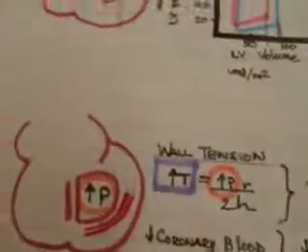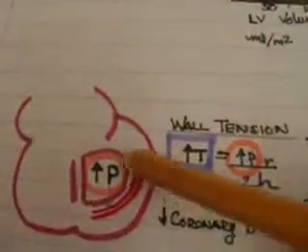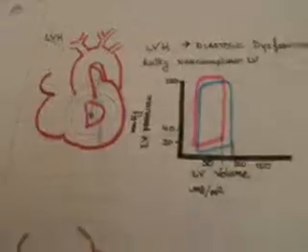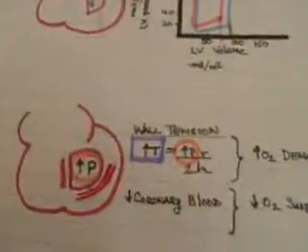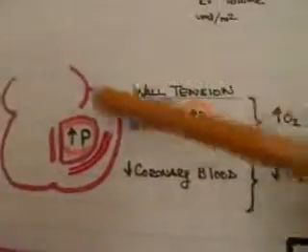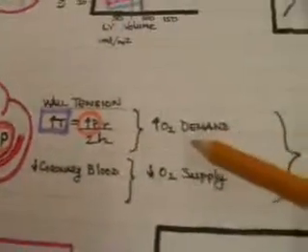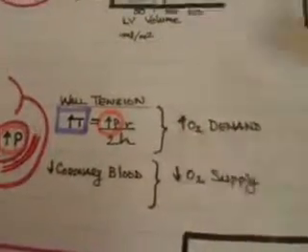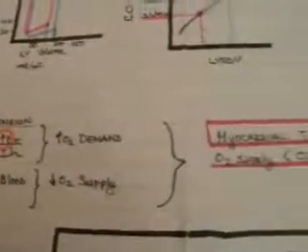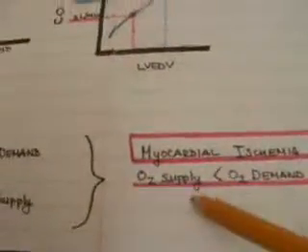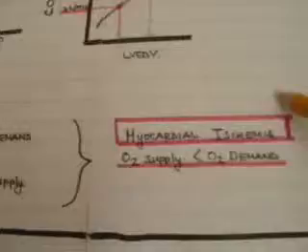And once again, as you increase that left ventricular end diastolic pressure in a diastolic dysfunctional heart due to its non-compliance, you're going to increase that wall tension. This combination of increased O2 demand and a decrease in O2 supply will eventually lead to myocardial ischemia, where there's an imbalance of the oxygen supply and oxygen demand.